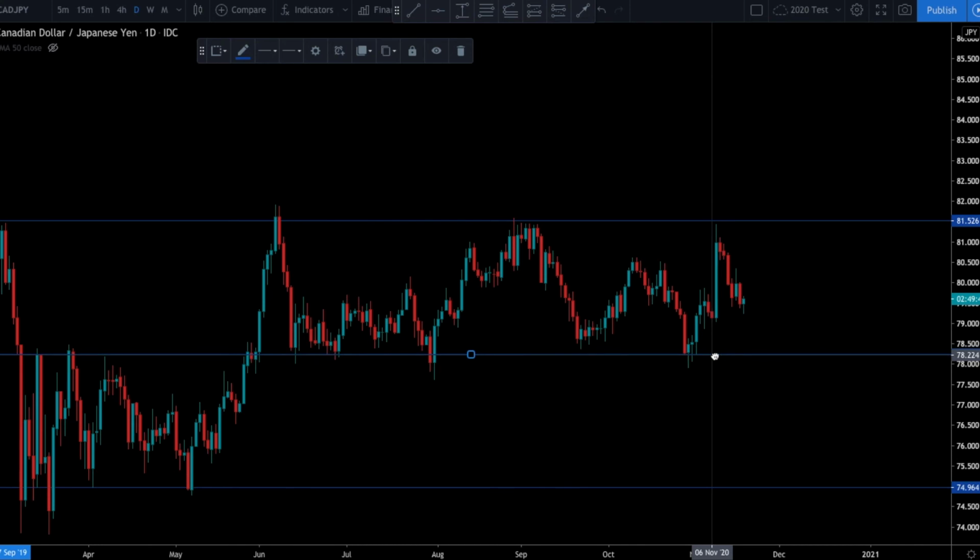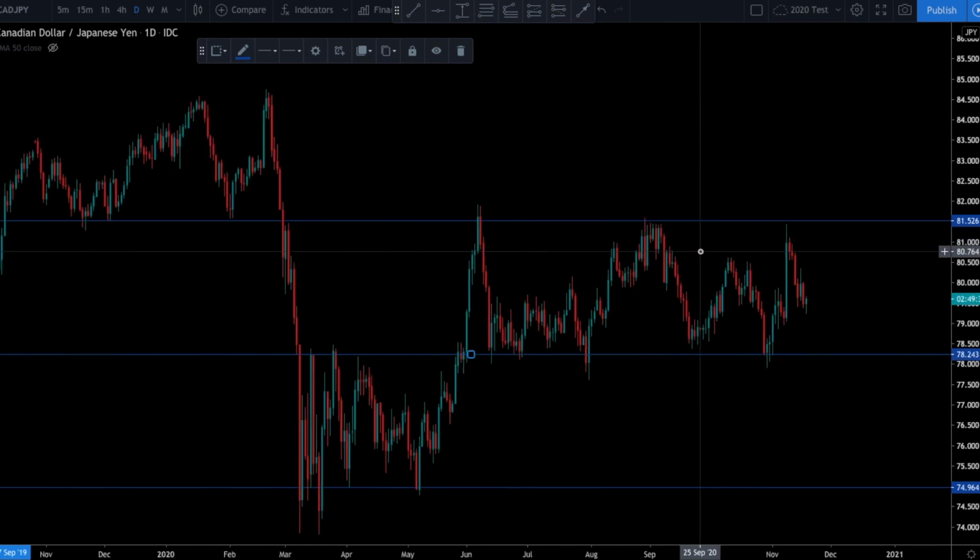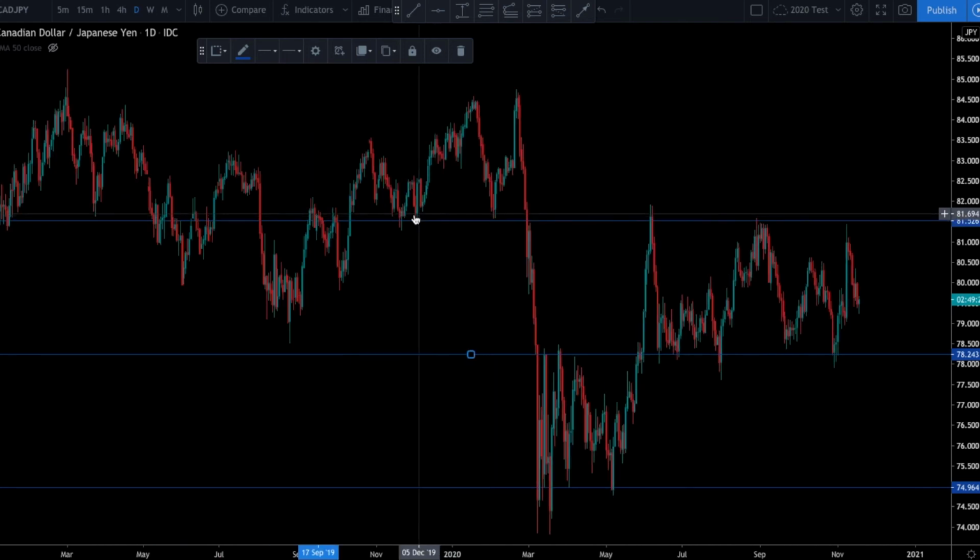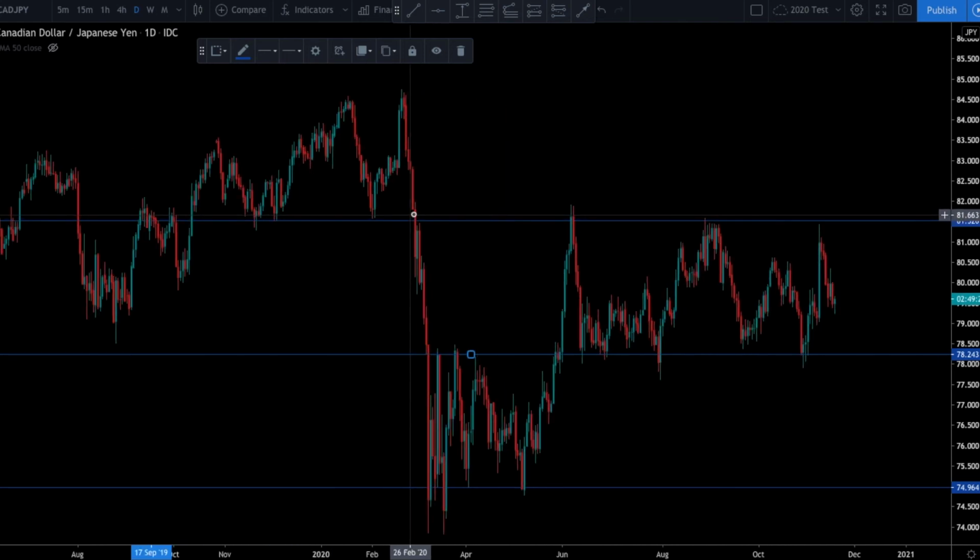So I like to do open and close prices, meaning the body of the candles, not the wicks.